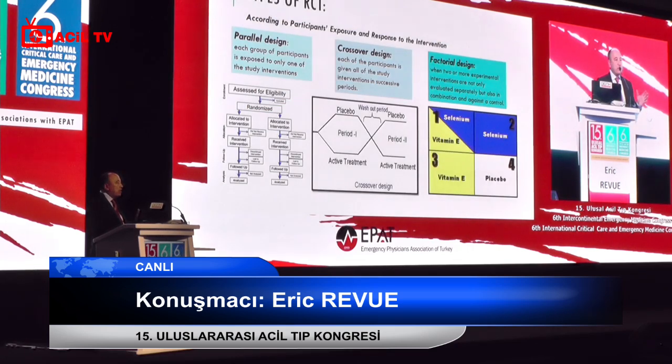There are three types of randomized control trial: parallel, crossover design, and factorial. The good system is to randomize the population you want to study if you want to analyze very quickly, very strongly, to have good data.